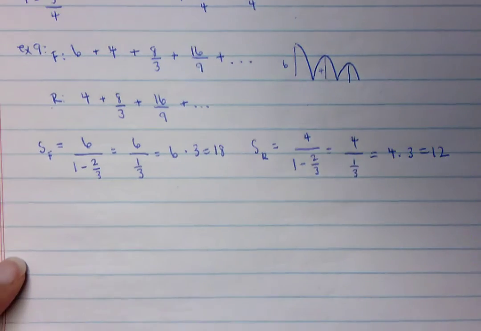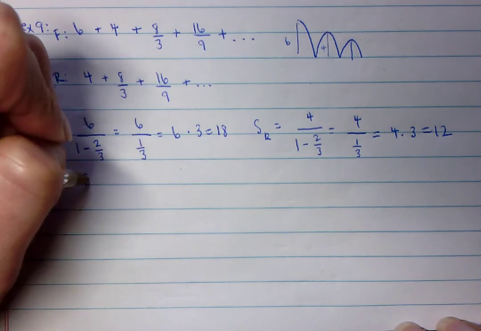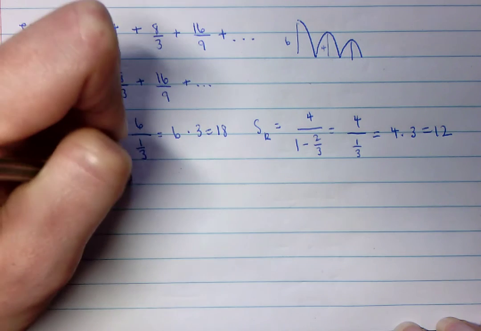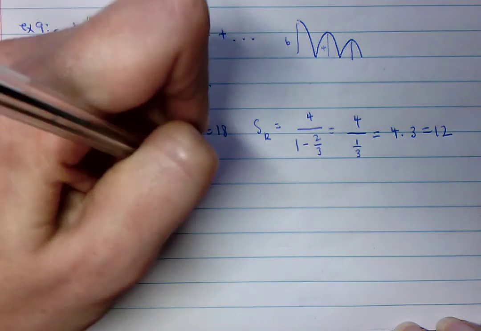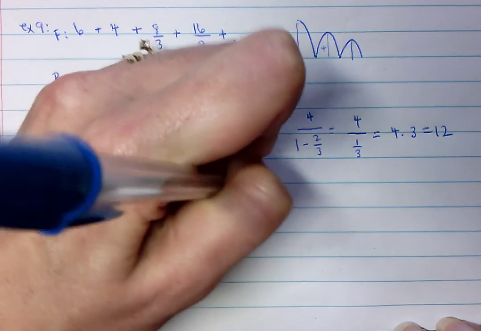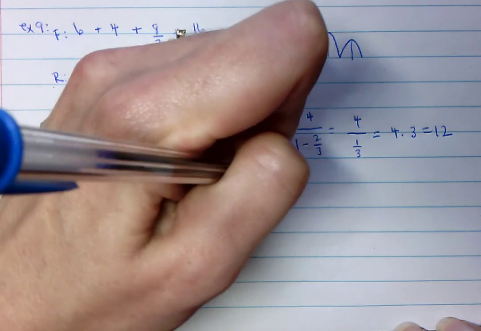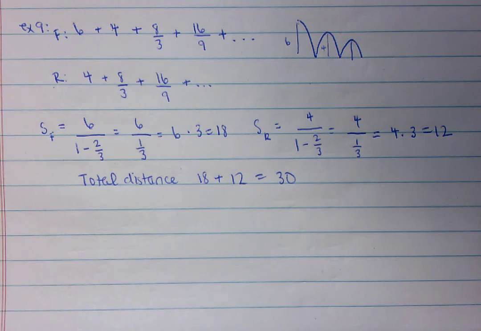Now we have total distance traveled. Falling and rebounding would be 18 plus 12, which is 30. So altogether, 30 feet.